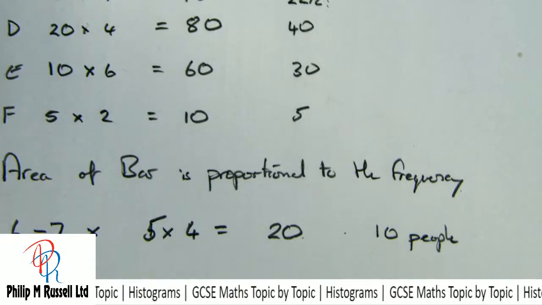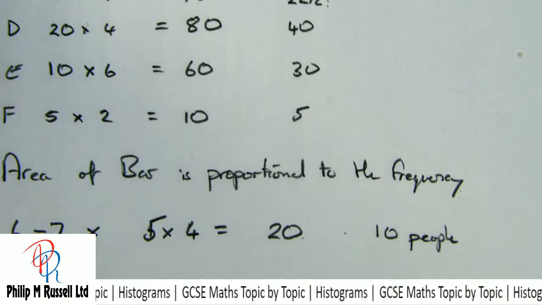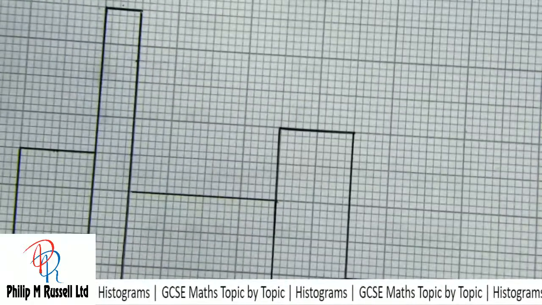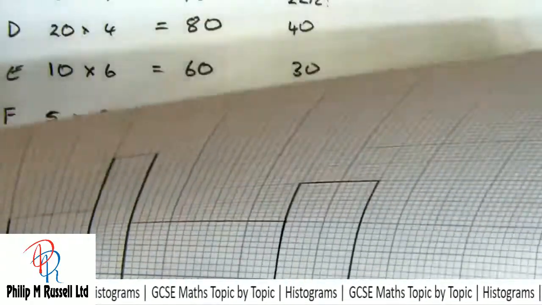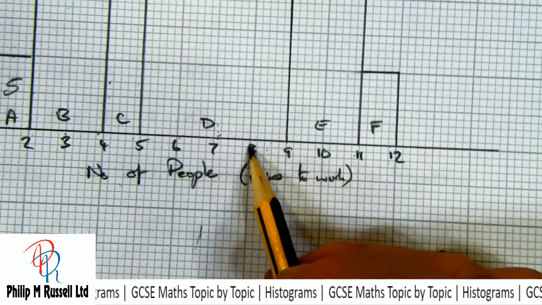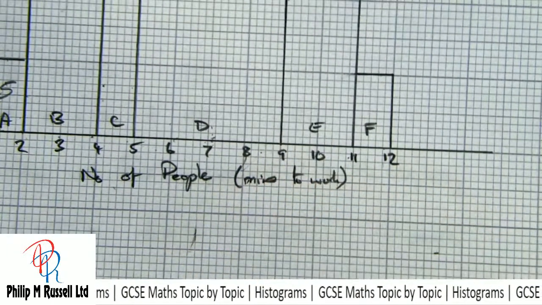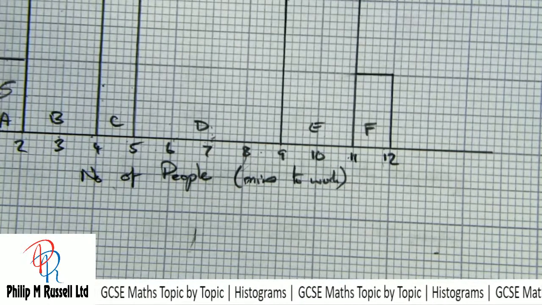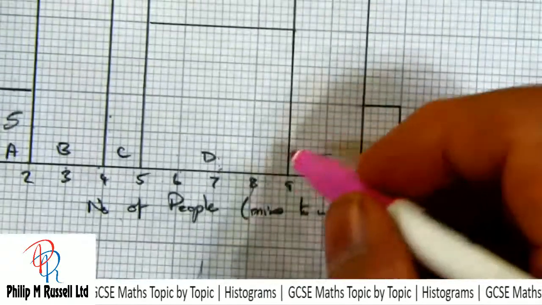Who took more than 8 minutes to get to work? If I'm looking at more than 8 minutes to get to work, then we need to look at a particular number. Let's try a different horrible colour here.